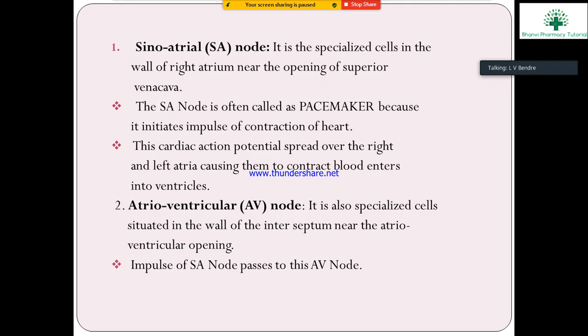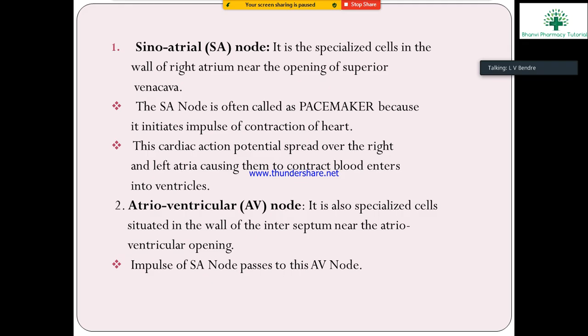Next, the cardiac action potential spreads over the right and left atrium, causing them to contract. Blood enters into the ventricles.